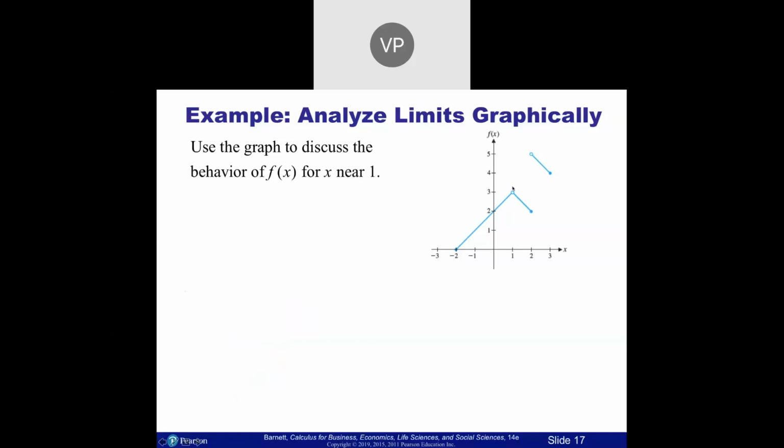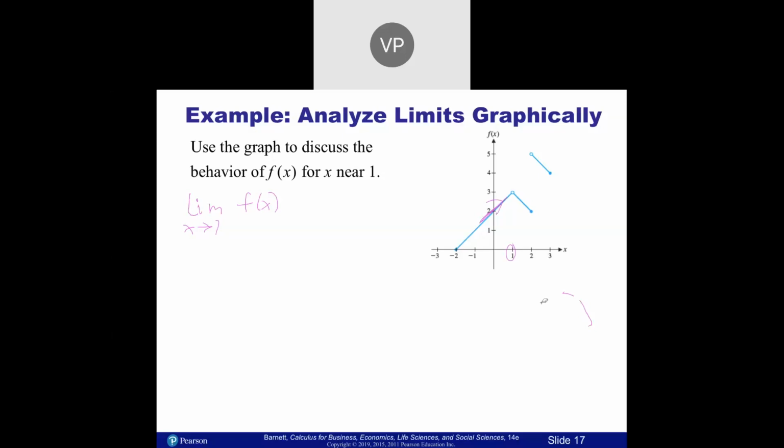Okay, now we want to discuss the behavior going toward positive 1. And this is the one that really does confuse people at times. So, remember, we want to know what's the limit of the function as x approaches 1. So, here's 1.